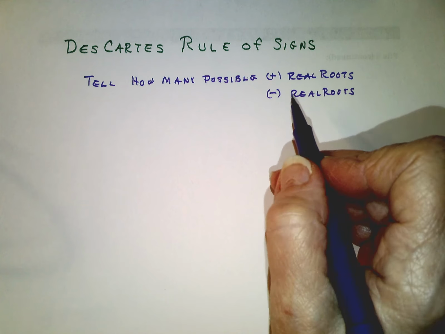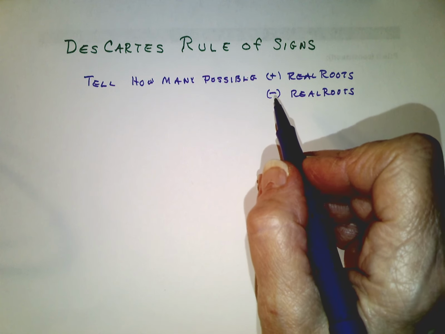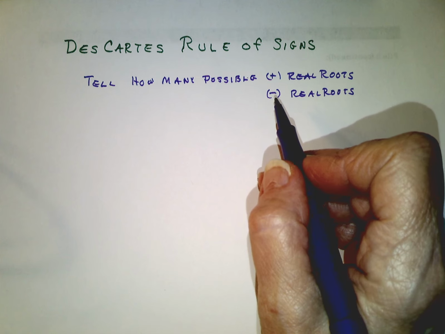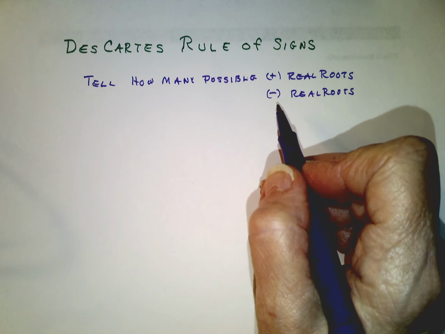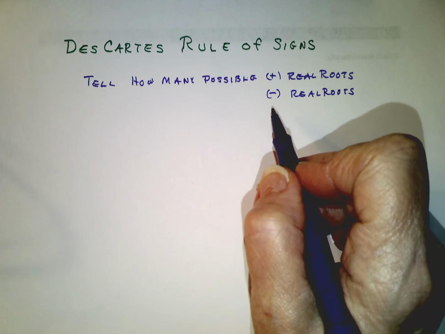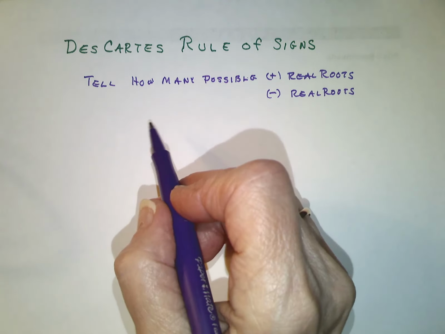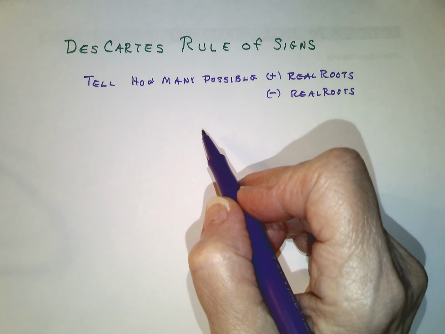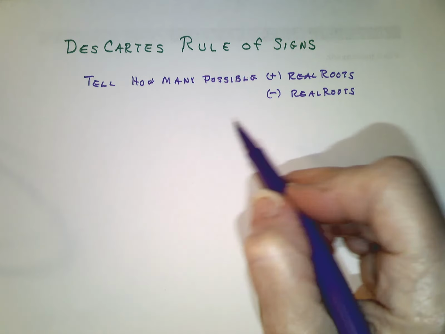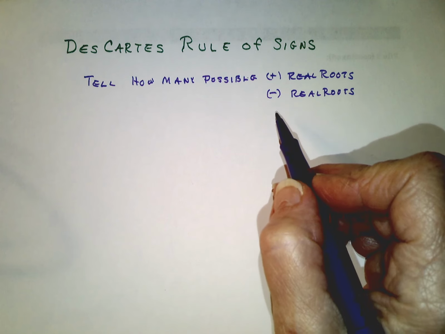And the real roots are going to include square roots, cube roots, irrational numbers like pi. It will not, however, include imaginary roots. And that's why it says on the chart, once you find the answer, keep subtracting 2's if you can, because maybe there will be some imaginary roots that aren't included, and the imaginary roots always come in pairs.